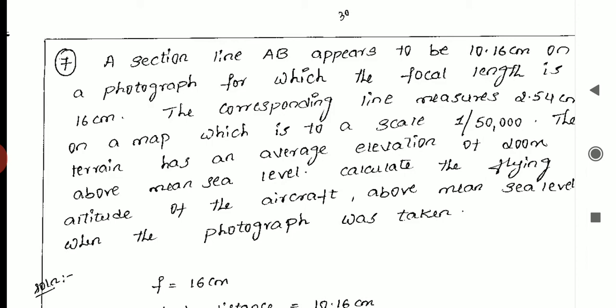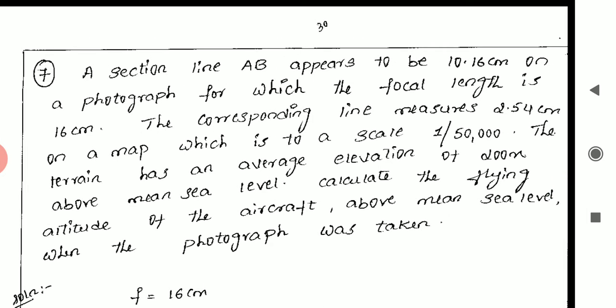Seventh problem, I will read it. A section line AB appears to be 10.16 centimeters on a photograph for which the focal length is 16 centimeters. The corresponding line measures 2.54 centimeters on a map whose scale is 1 divided by 50,000. The terrain has an average elevation of 200 meters above mean sea level.